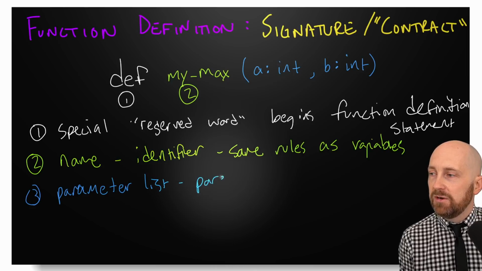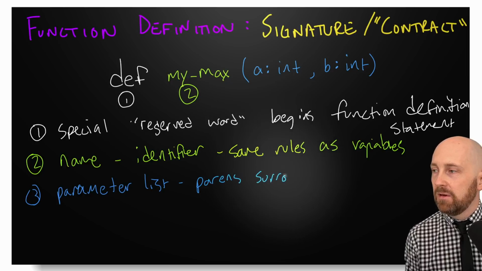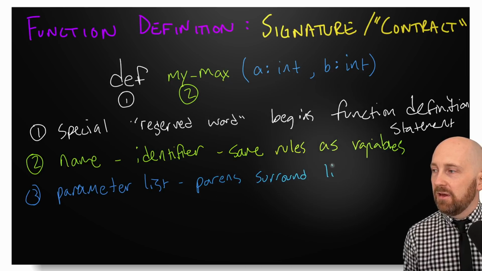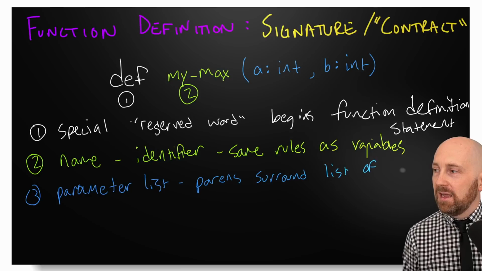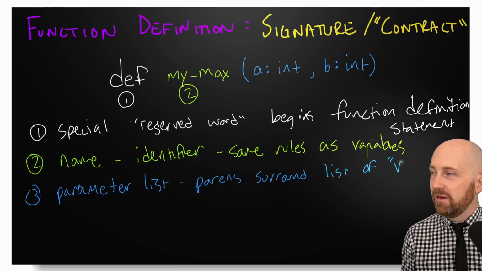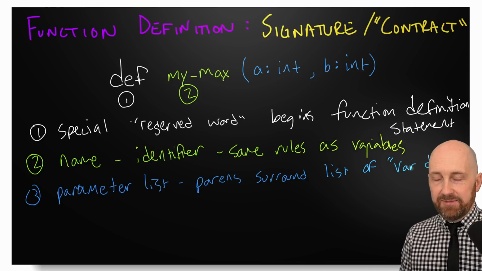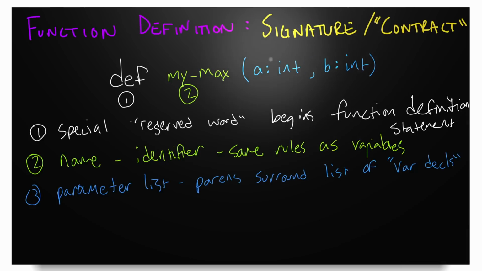I'm just going to shorten that to parens, surrounding a list of, and I'm going to put in quotes here, variable declarations or var decls. We'll see that these aren't exactly variable declarations, but it's very close. We're saying there's a parameter whose name inside this function definition will be a and its type is integer.